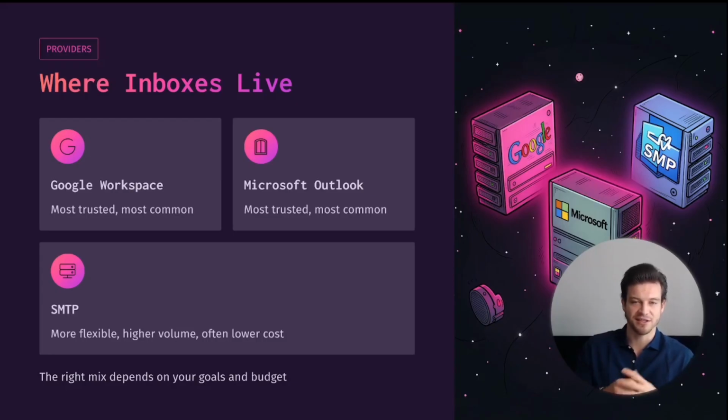But in general, each option has its own strength depending on your specific goals. So your volume, your budget, and other goals you have might vary on the option you need to take. The short version is that there is no single right answer. And part of our job is picking the right infrastructure for your needs.